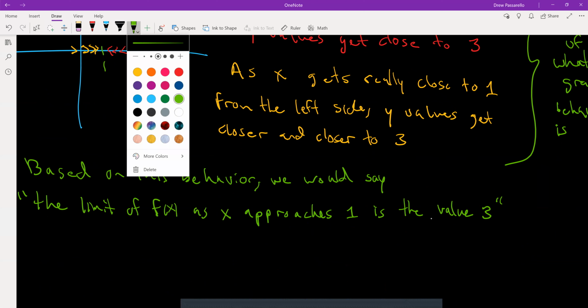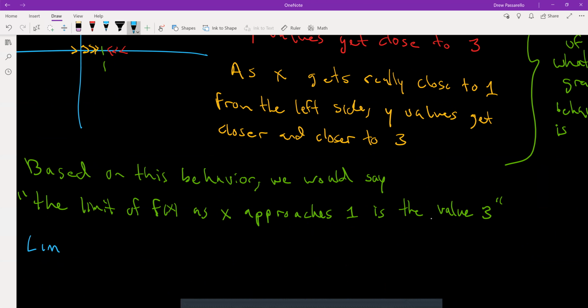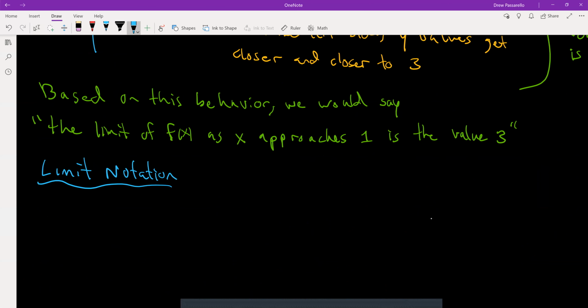Notationally, I call it limit notation. I might write the following: x, and then an arrow for approaches 1, f of x, and then another arrow, approaches 3. So the arrow is going to be approaches. That's one way I'm going to write it.